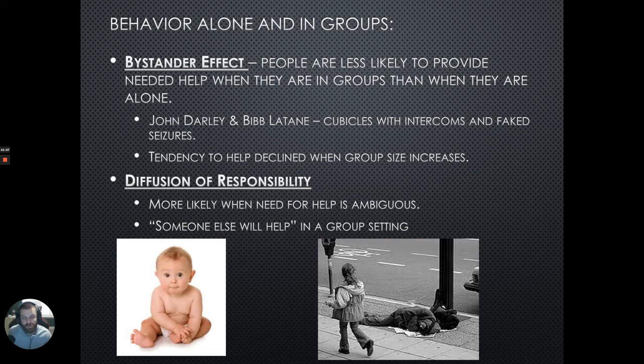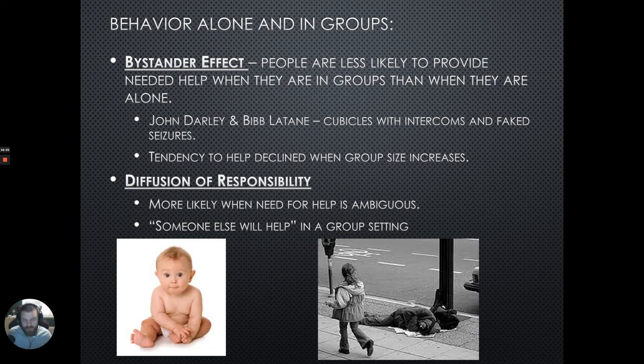Diffusion of responsibility is when you feel that because of your group, you are less responsible for the outcome of someone who may need help. So in a group setting, you might have the mindset that someone else is going to help, so you don't, okay? The consequences of this could be catastrophic.